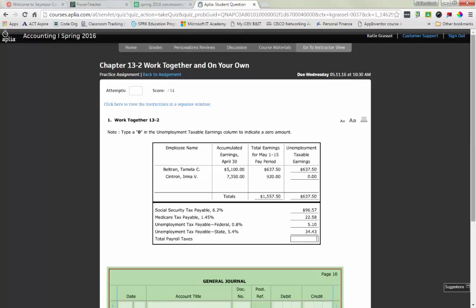Now, I'm going to add up the total of all of the taxes that I have to pay. So I'm going to take $96.57 plus $22.58 plus $5.10 plus $34.43. I got $158.90. Anyone agree?